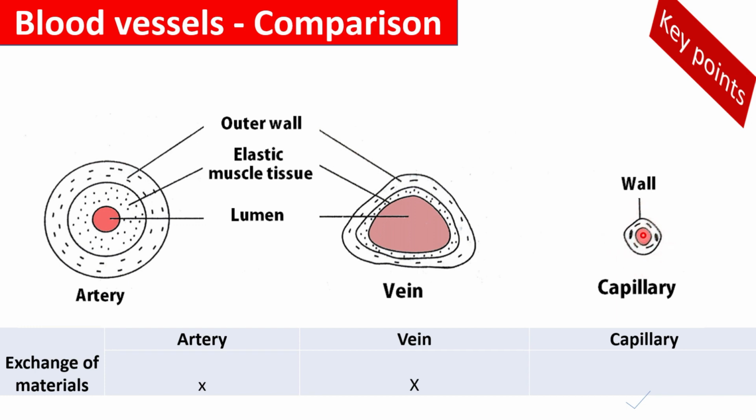From the capillaries, oxygen will be supplied to the nearby cells, and food material also will be supplied from the capillaries to the nearby cells, and carbon dioxide and waste materials from the nearby cells will be collected by the capillaries, and these capillaries will bring all those things to the veins. So, exchange of materials take place only in this capillary region.